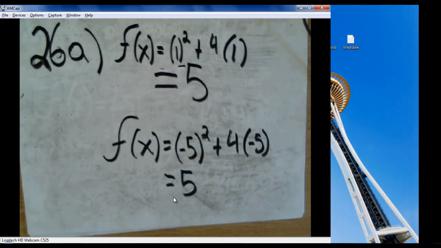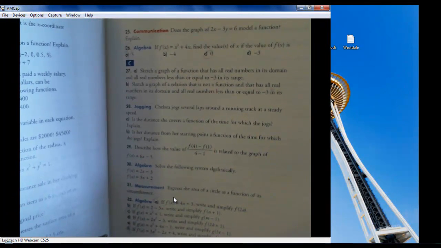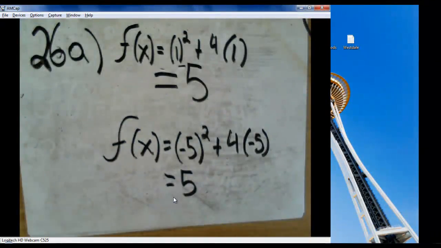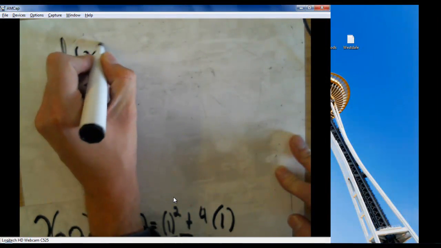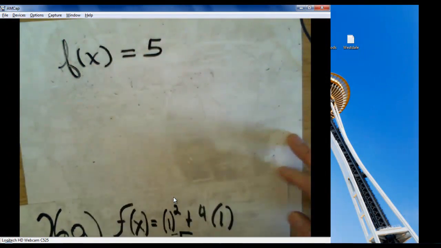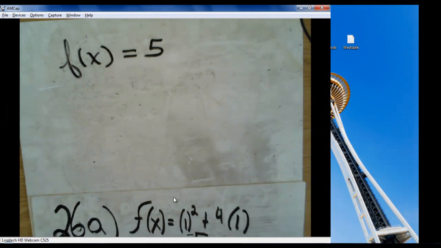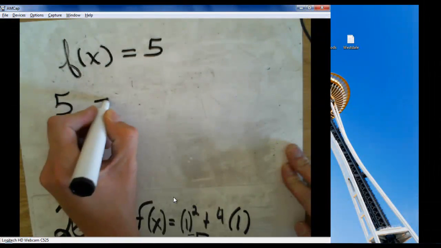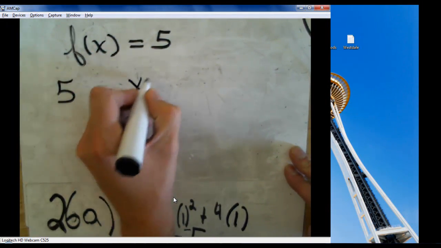In question 26a, it says, if f(x) is equal to x squared plus 4x, find the value of x if f(x) is 5. So f(x) is equal to 5, they give you that. And that means you have to set that 5 equal to the equation, which is x squared plus 4x.